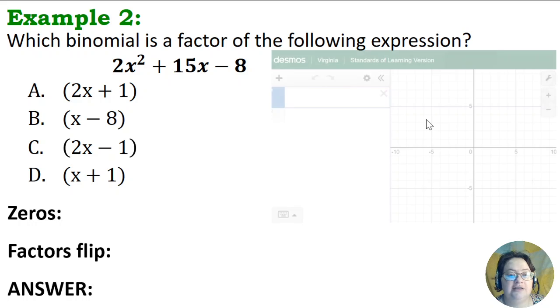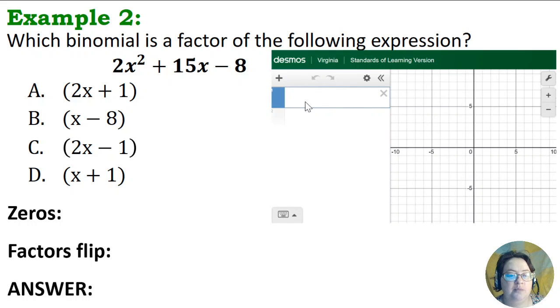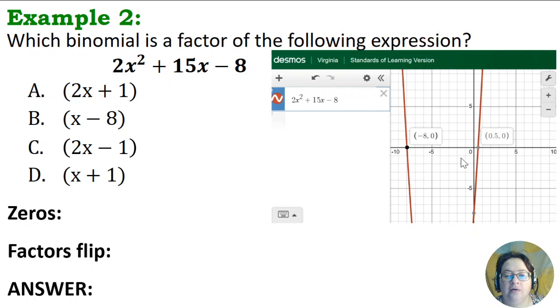So let's look first at Desmos, and I'm going to put my expression in the first box. And notice I have a zero at (-8, 0), and I have another one at (0.5, 0). So my zeros are -8 and 0.5.